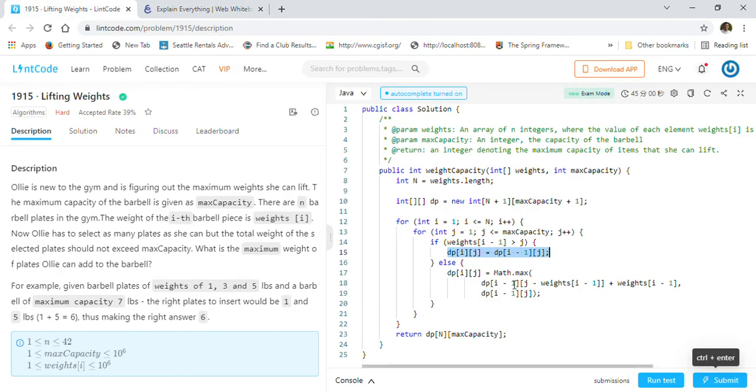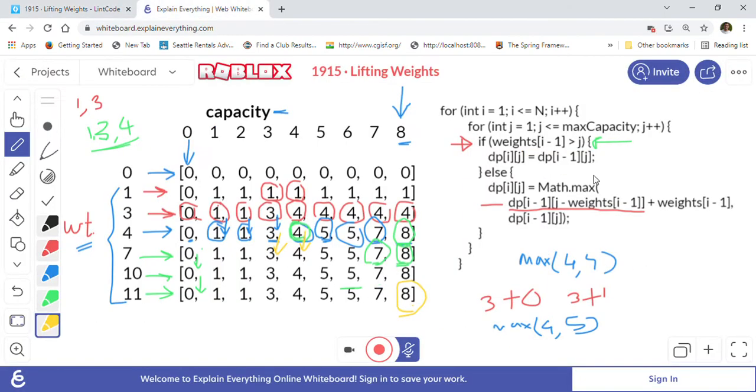If that is not the case, then we have to calculate: either we take it from above, or we calculate it by taking this weight and then this one, using this formula. For example, how do we get this 7?